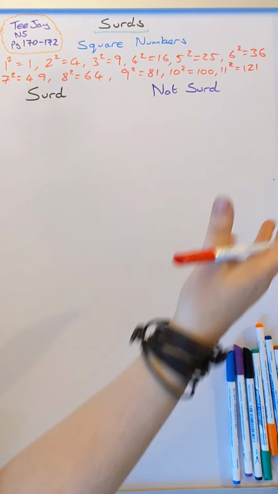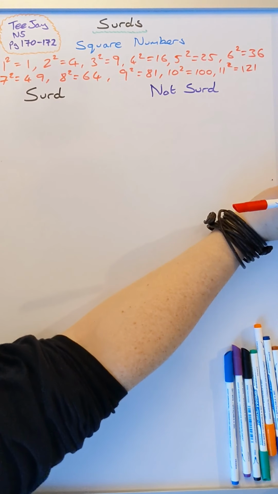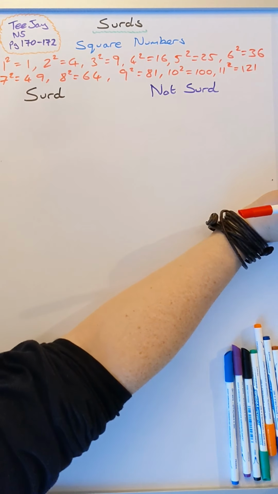There are a couple others that come up frequently. 12 squared 144, 13 squared 169.